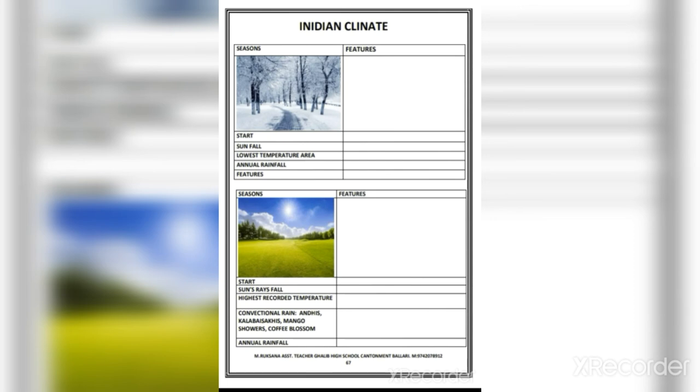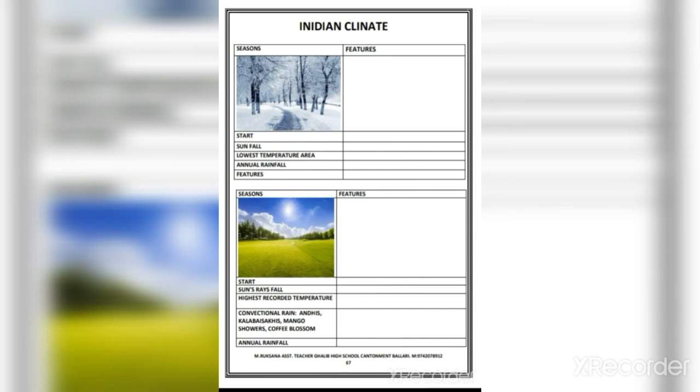Take down homework now. Indian climate, seasons and their features. Identify the season and when it starts, sun rays fall, lowest temperature area, annual rainfall and then their features.